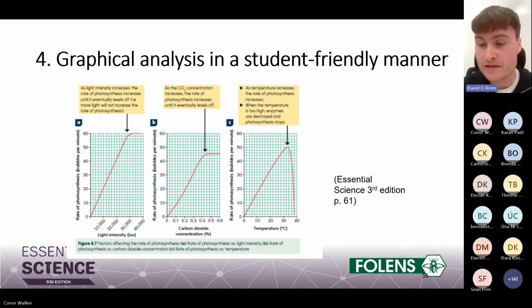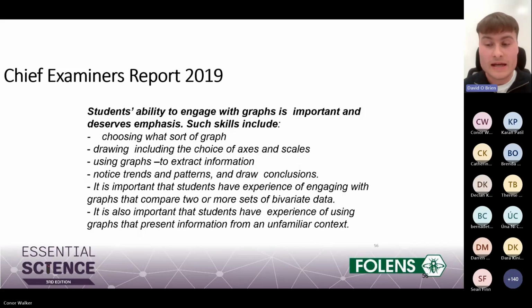And through this easy, student-friendly layout of graphs, the work is done for you. You will now be able to better help your students in analysing graphs. Next slide, please. It's very important that this analysis takes place in our classroom, as in 2019, the Chief Examiner emphasised that students need to be able to, as Sean mentioned earlier, pick a graph.